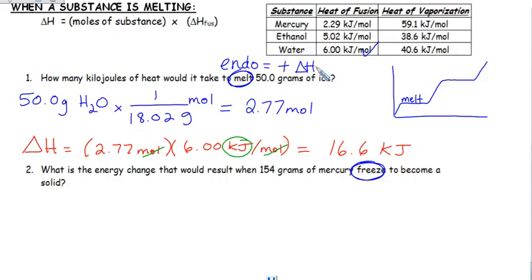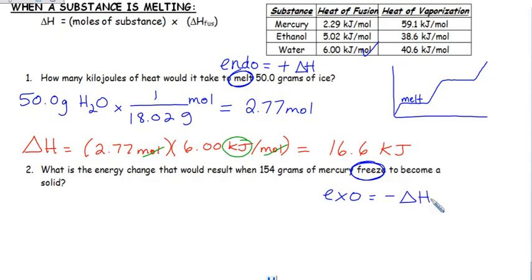It's still the change between a liquid and a solid, but now we're going to remove energy to freeze something. So the freezing process is exothermic, which means we should have a negative delta H value. You can use the heat of fusion. We're just going to make it exothermic, or negative.